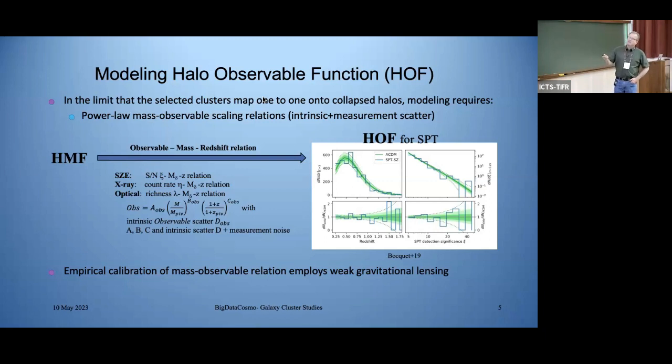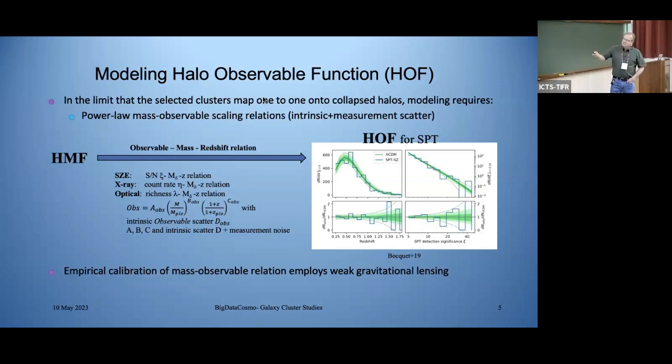And these mappings exist. They're directly observed in the real universe. They're power law relations. You have to include the intrinsic and measurement scatter. And so basically to model, here's a halo observable function, the redshift distribution of an SPT sample, the signal to noise distribution, the mass proxy in the SZ is a signal to noise within SPT anyway.